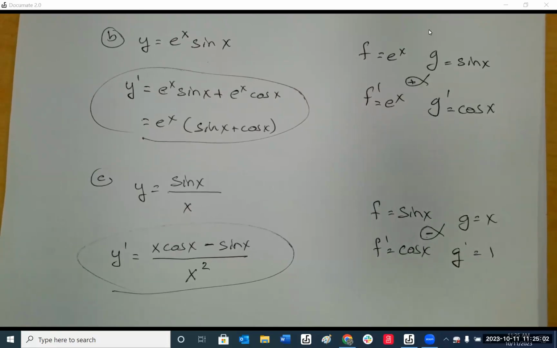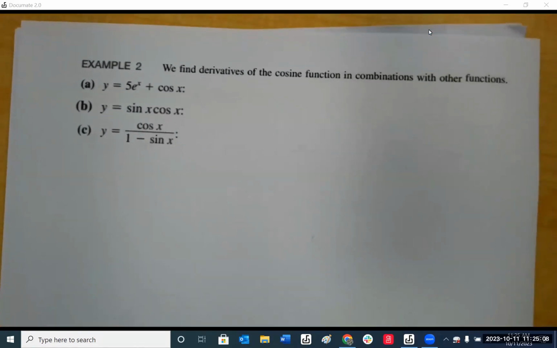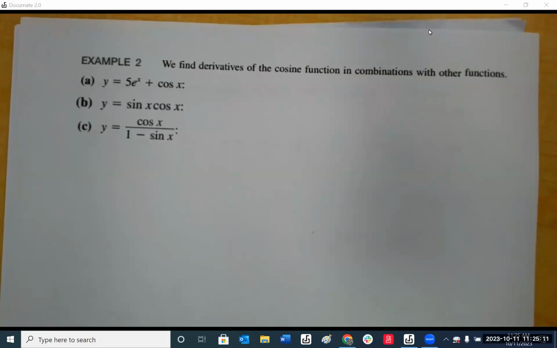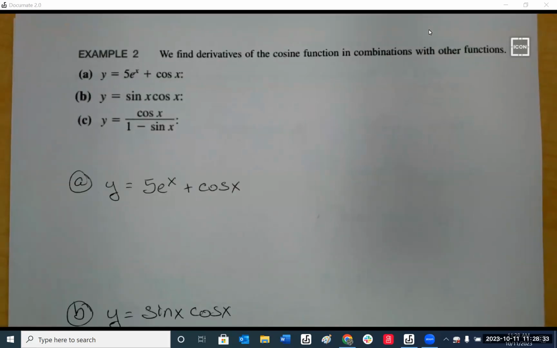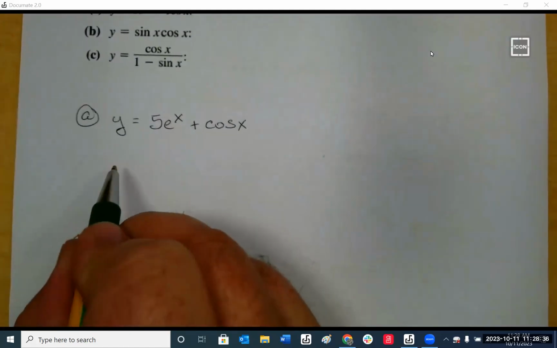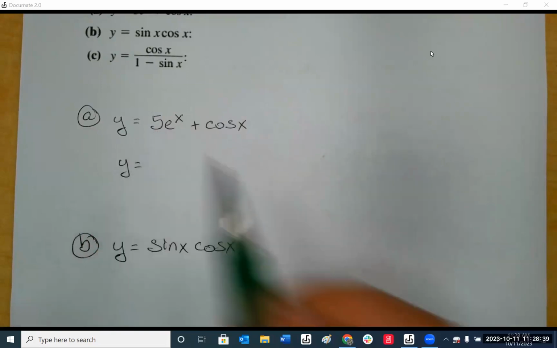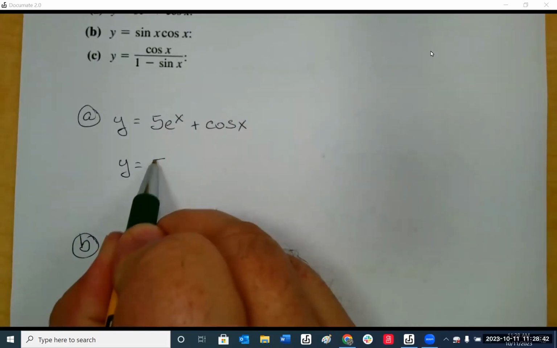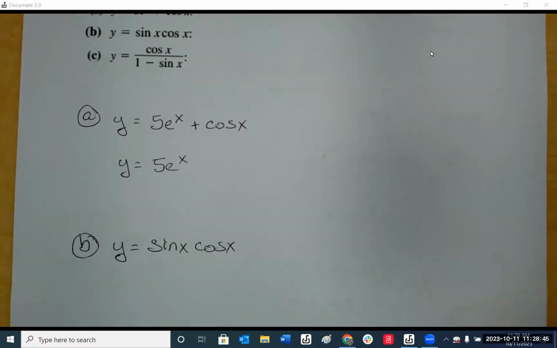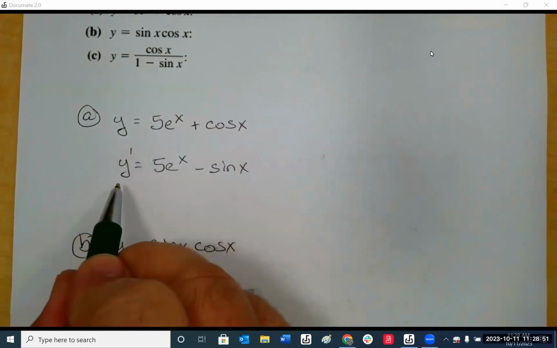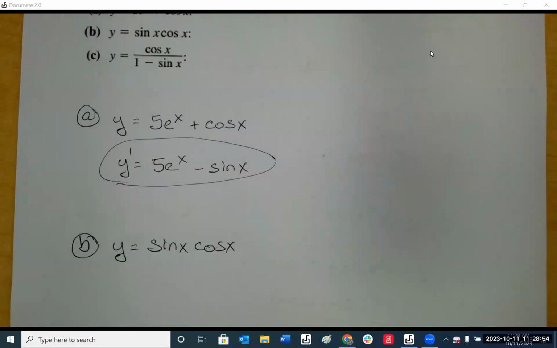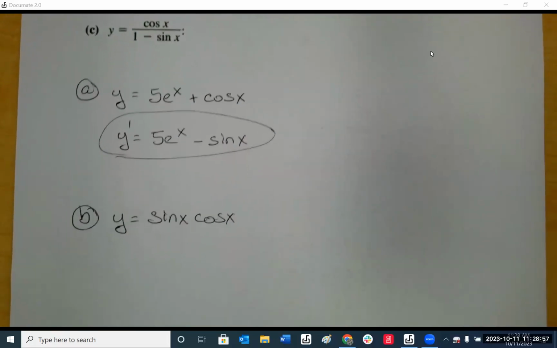All right, so let's look now at the cosine function. Example 2, let's do these three. Okay, the derivative of the first one, 5e to the x. The derivative of cosine is minus sine. So there's that derivative. Remember, just do the unit circle and you got it.